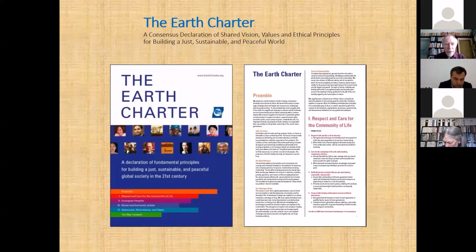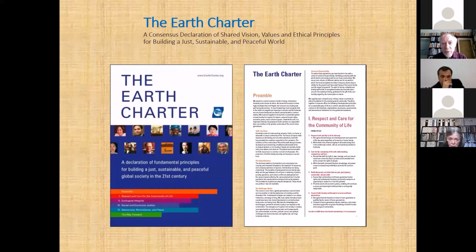This Earth Charter has not been adopted by the United Nations, but it was hoped that it would be adopted by the United Nations in the year 2000, but it did not happen. It gives nature a right to exist at the same level as societies. It's worth looking into.